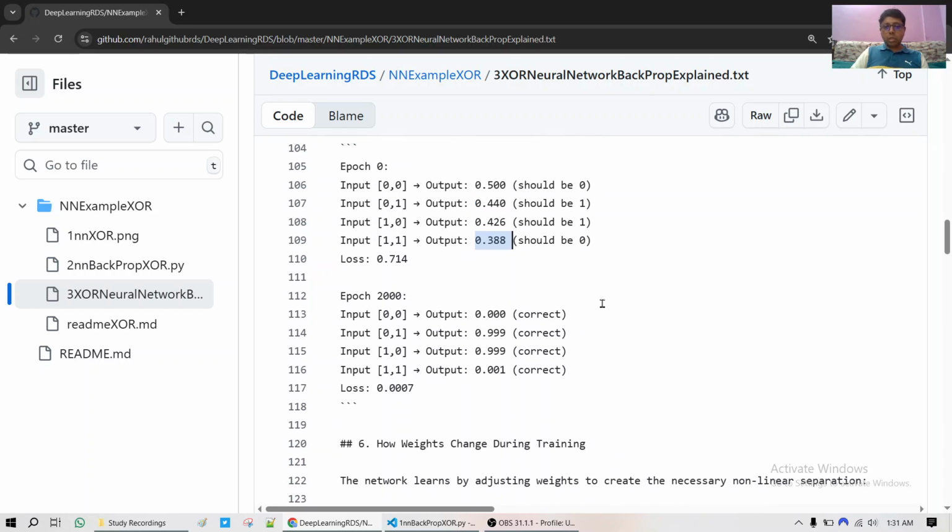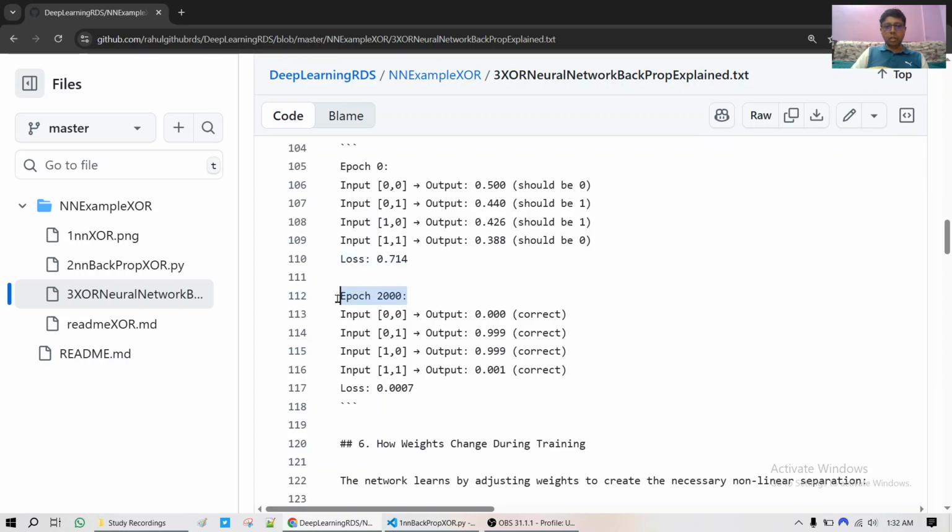But once it keeps learning, you will see the progress. Here is the loss function. The loss function value goes gradually lower as the neural network learns. The loss function value becomes less at every epoch, right?